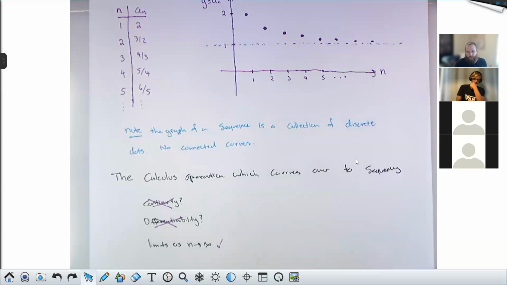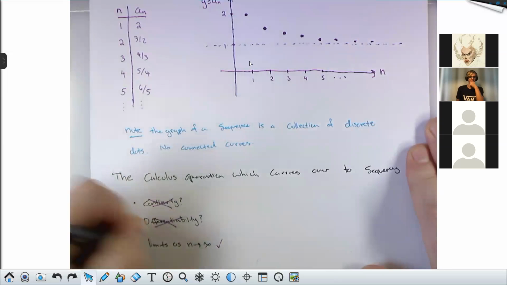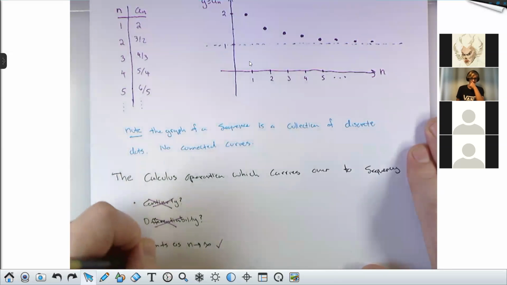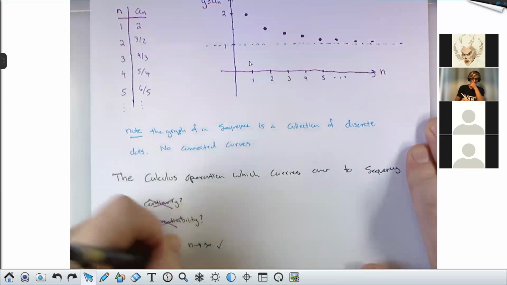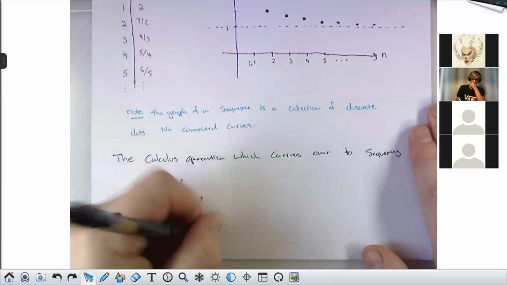So no continuous stuff, no derivative stuff. What other calculus operation might we be curious about? I was thinking some sort of definite integral. Yeah, there is a sense in which I can integrate this thing. Now, real quick, the normal notion of an integral here is not going to work. So first, integration, kind of.